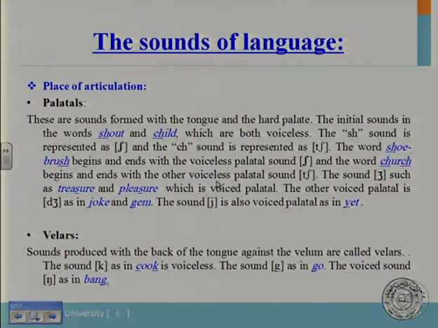Again, this is a plosive, one of the stops, as in go. And finally, we have the voiced sound ng, as in bang. We can feel that the back part of the tongue touches the velum, and the result is ng.